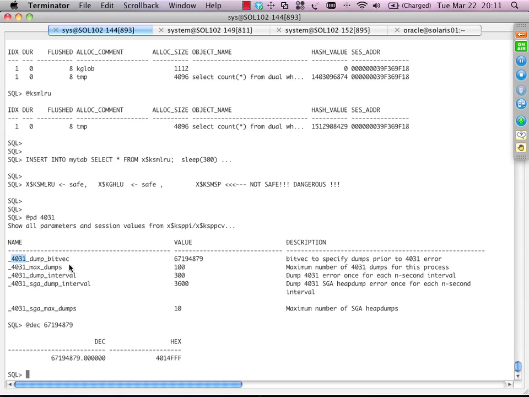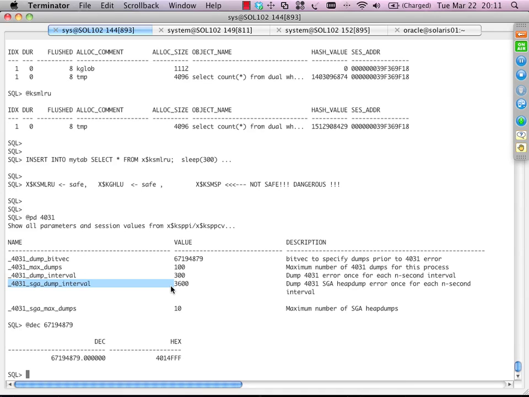So basically, thanks to this mechanism, ORA-4031 dumps are done when you have an error. And Oracle actually has another parameter which kind of protects you from too many dumps. Because if you have 1,000 sessions and now you run out of space, then you don't want all these 1,000 sessions start performing a heap dump.